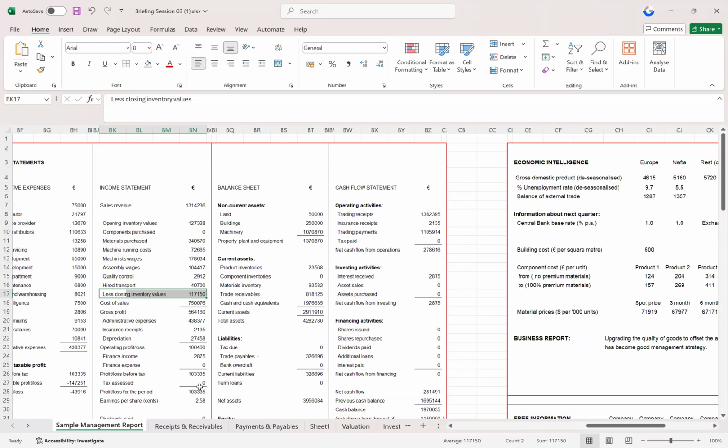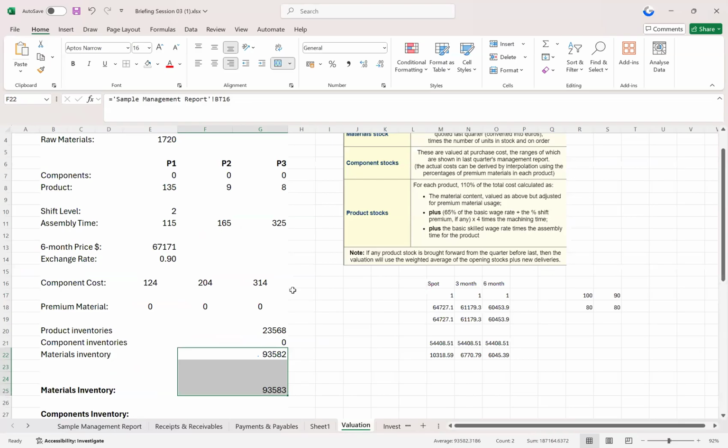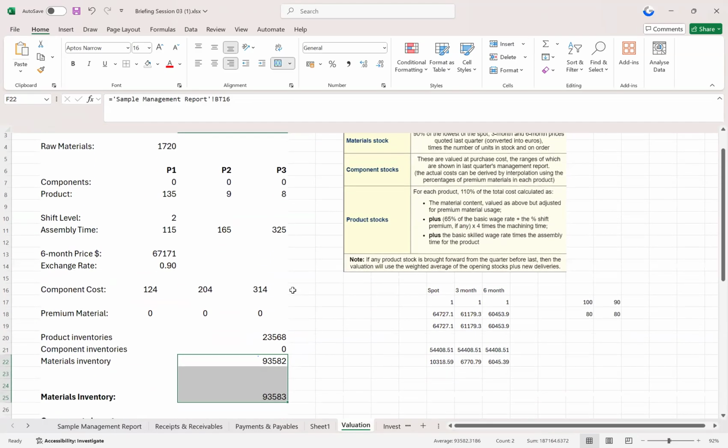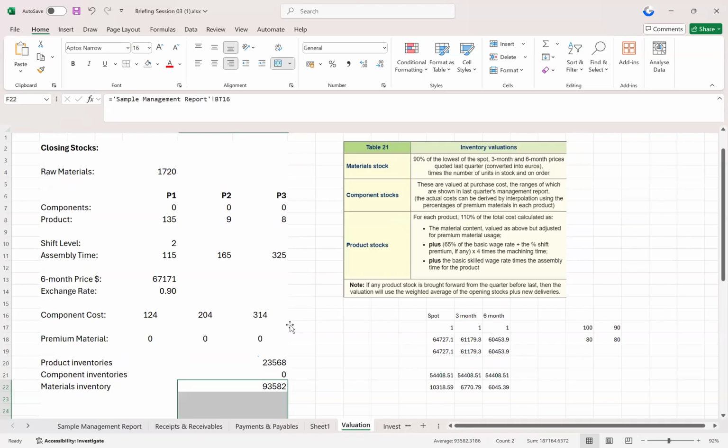Basically, the difference gets used up from your income statement in the form of an expense. But valuation will be at the current quarter value only, the minimum of them at 90%, which is going to be the 6-month one. Yes, so it will be an expense.